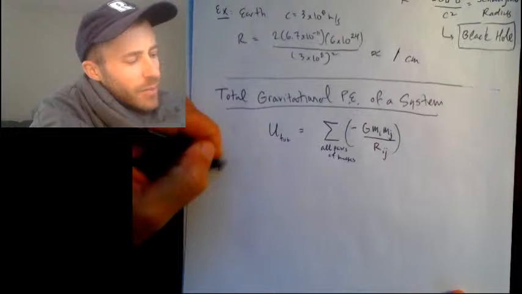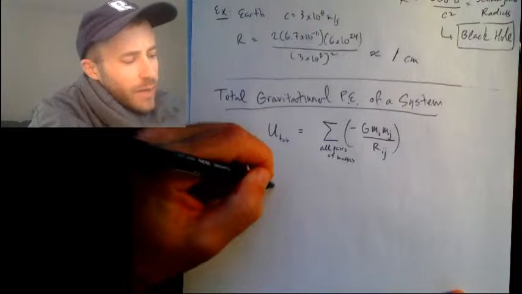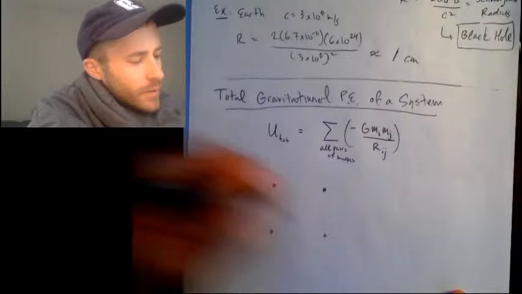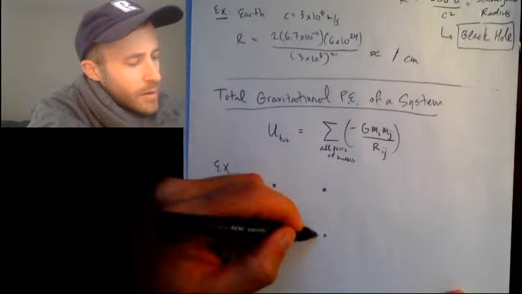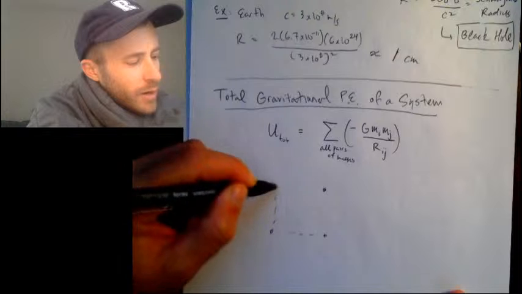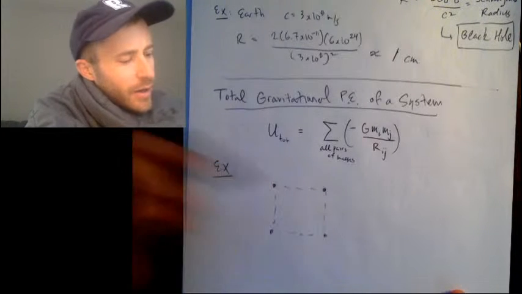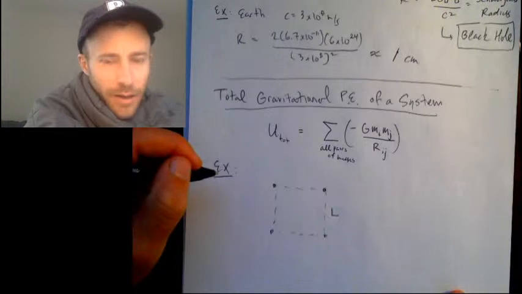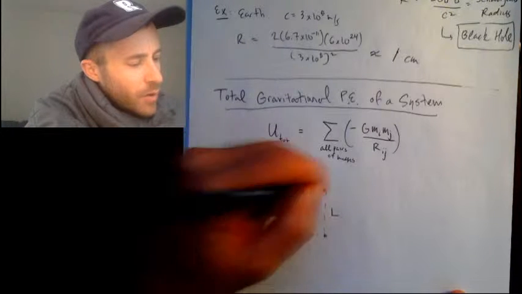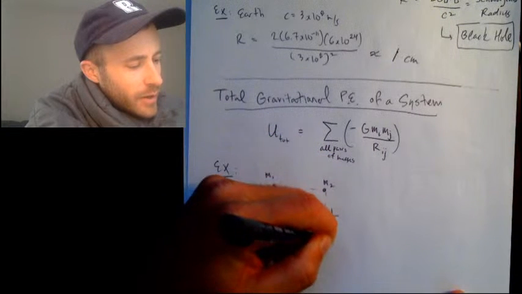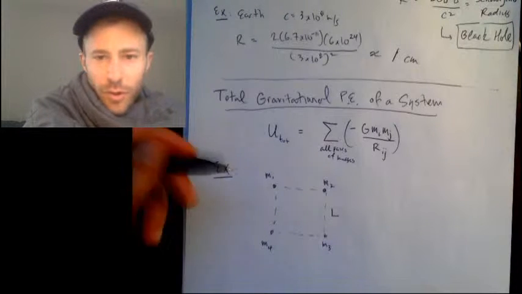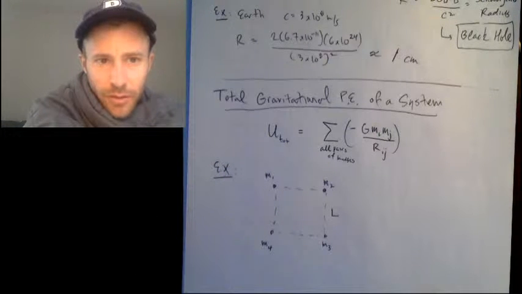So let's do an example. What if we have a square? This square has a side length L, and it has 4 masses, M1, M2, M3, and M4. We want to know what is the total gravitational potential energy of this system.